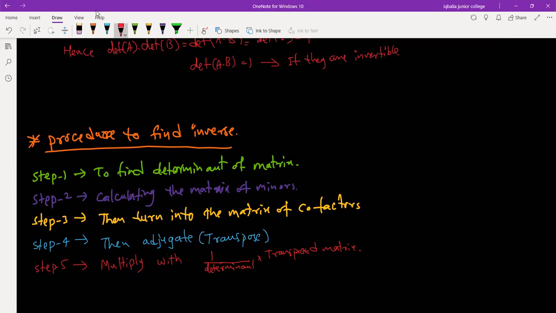Girls, do you have doubt in this topic, the procedure to find inverse? If you have doubt, then I can explain once again. Girls, I'm asking if you have doubt in this topic, then I can explain once again.